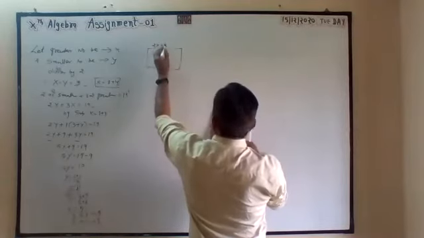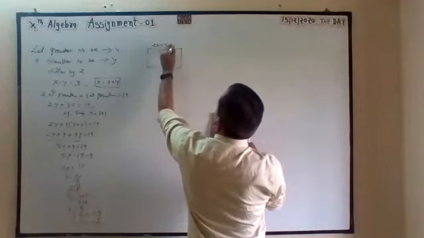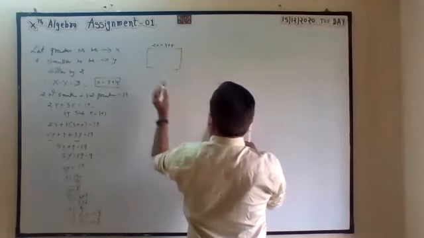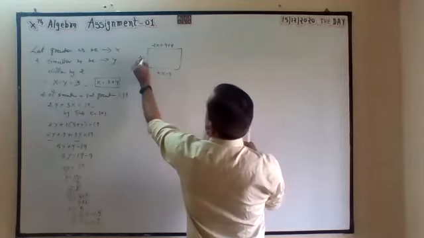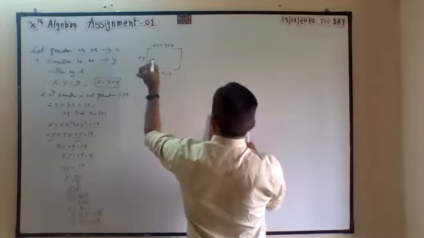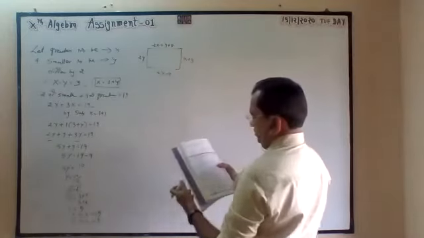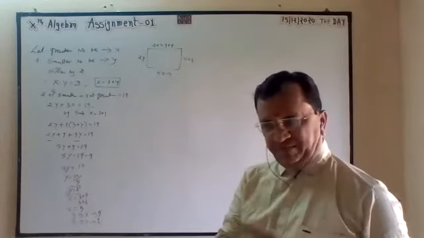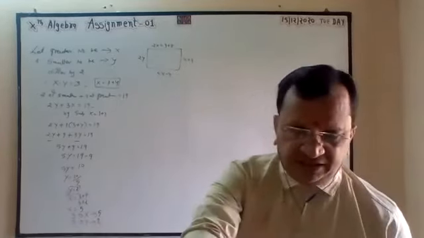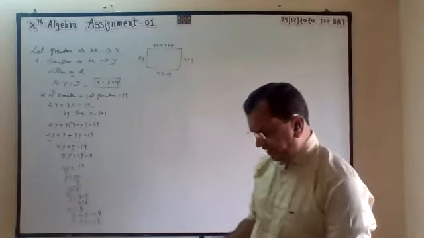The sides are 2x plus y plus 8, 4x minus y, 2y, and x plus 4. It is a rectangle. Find x and y, find area, find perimeter, all the things. Listen, they have given a rectangle, but they have not said that opposite sides are equal.